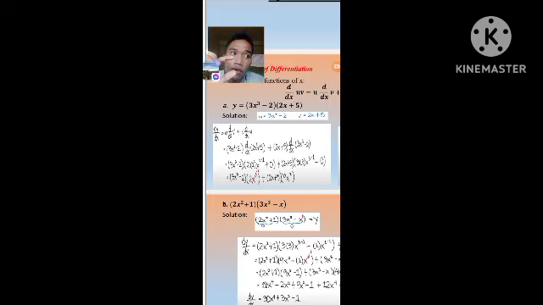Even if the number has x, it was non-zero, constant. But 5 is only a number, so it becomes constant. So it becomes 0. So plus 2x plus 5.